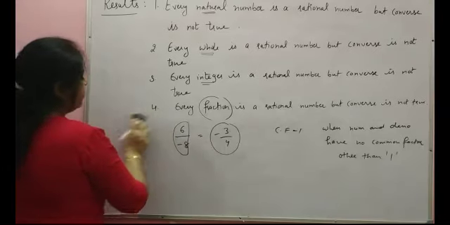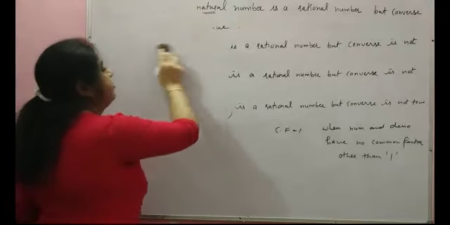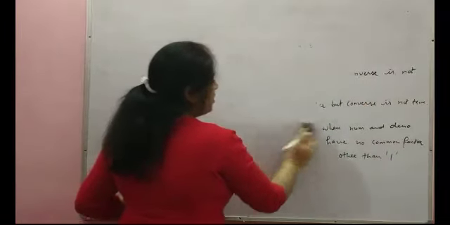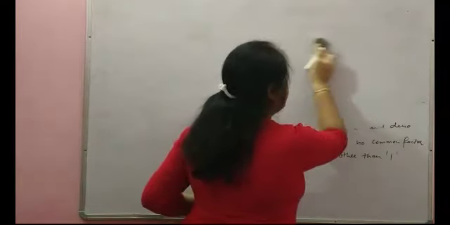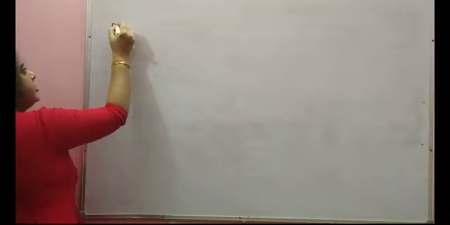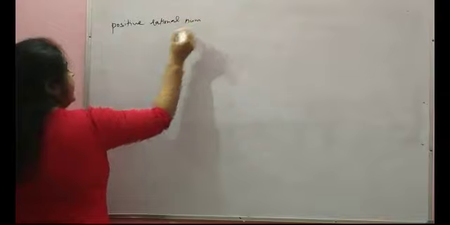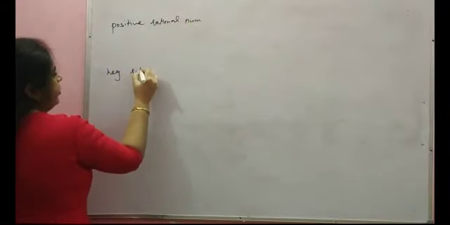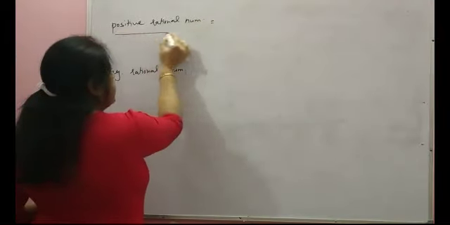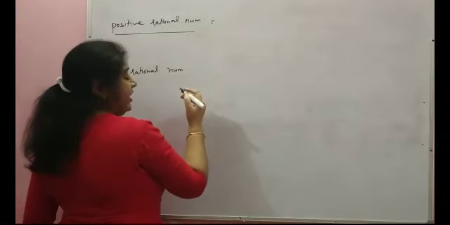Now students, we come to what are the positive rational numbers and the negative rational numbers. Positive rational number means the numerator and denominator have the same sign, both negative or both positive.